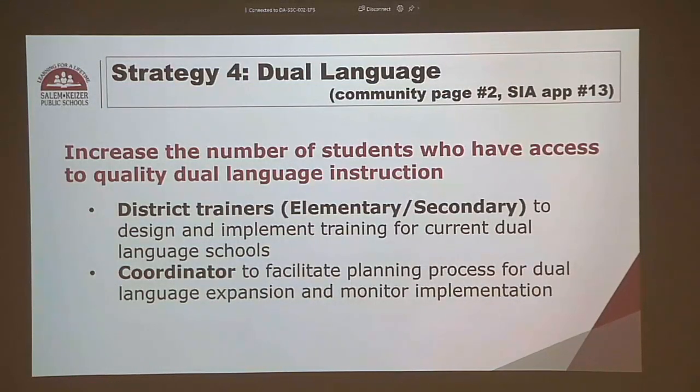And then we also wanted a coordinator, and this coordinator will serve as a person to start facilitating our planning process as a district to expand dual language. So one of the things we'd like to do is expand the number of schools that offer dual language programs, and this coordinator will start the planning process for that and then oversee the development as we continue to offer more and more dual.